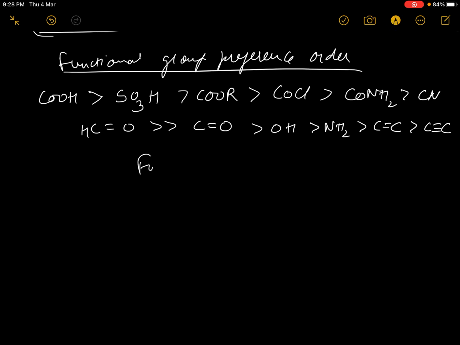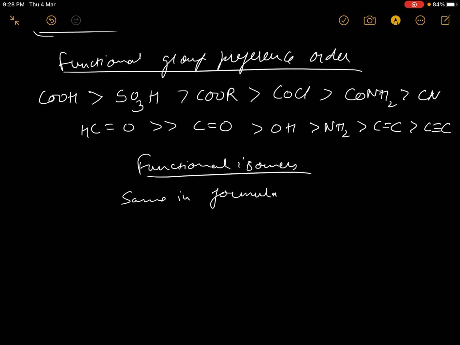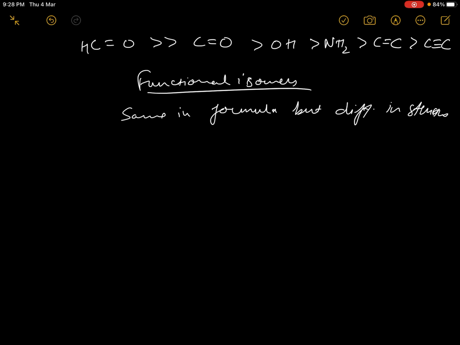There are also functional isomers, which look the same in formula but are different in structure. These are the functional isomers such as alcohols and ethers.